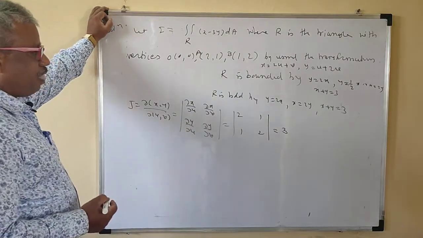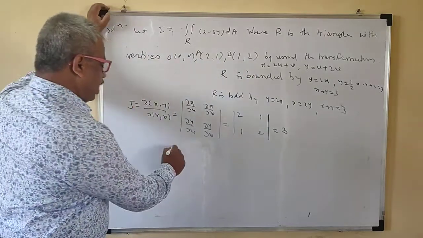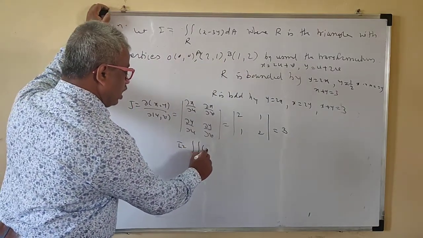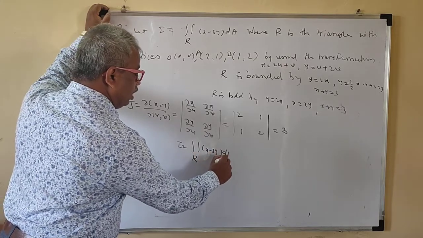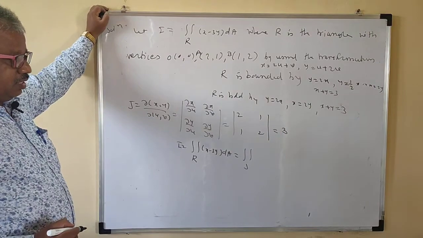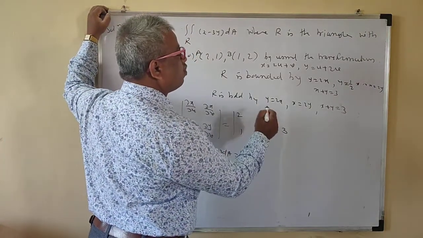No problem. Now your I is what? I is the double integral over R of x minus 3y dA, which is equal to the double integral over S. So your x is what?